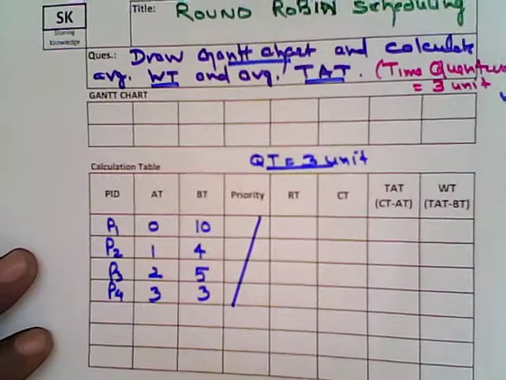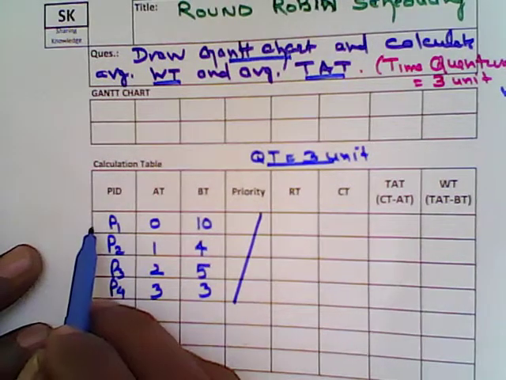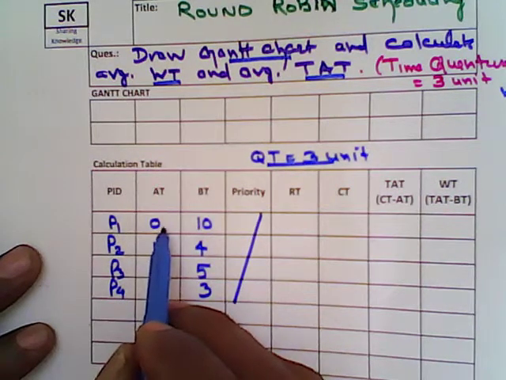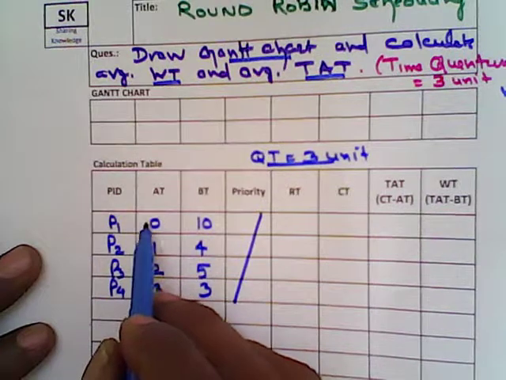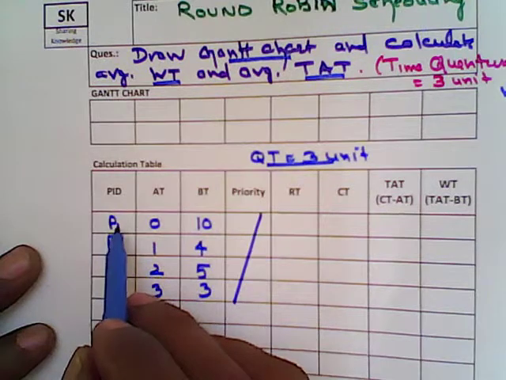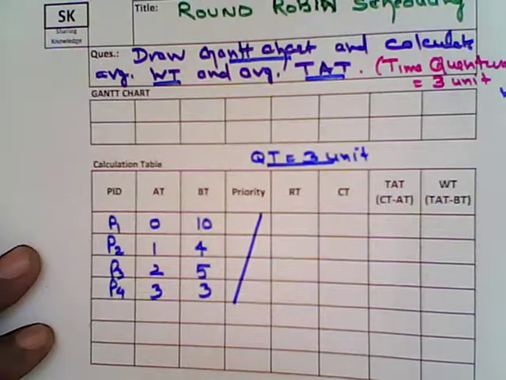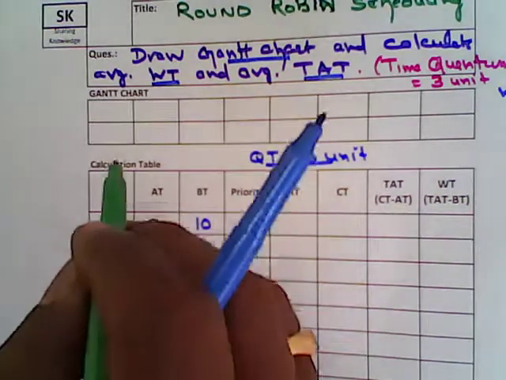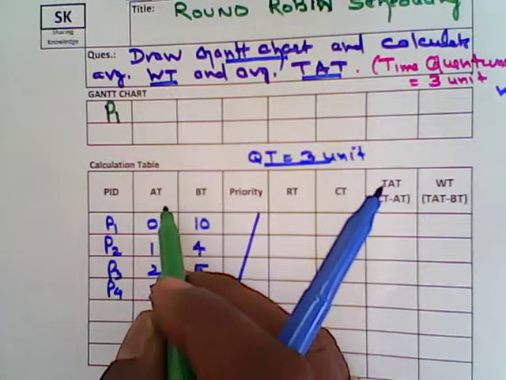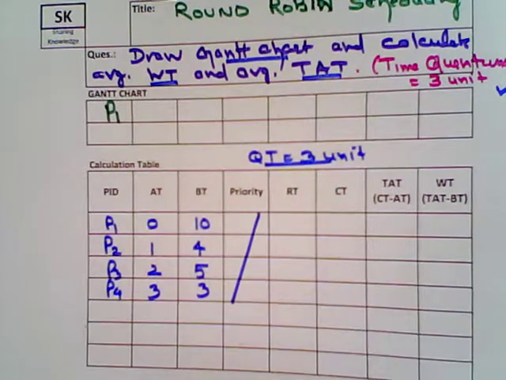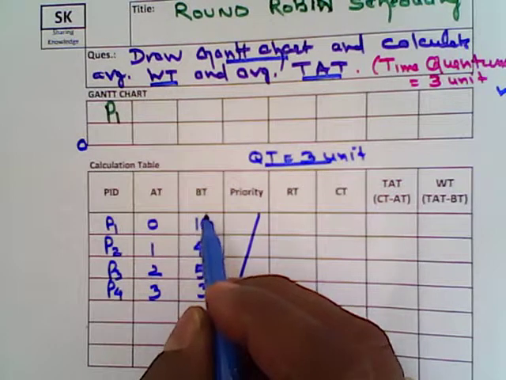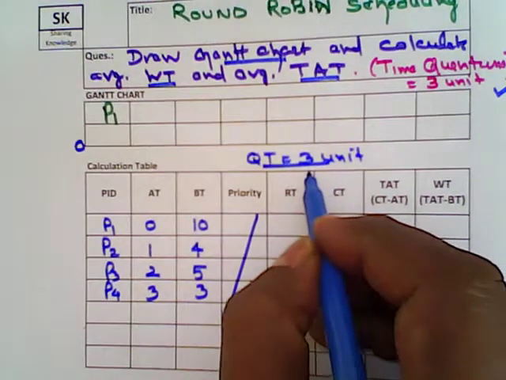The first process, P1, appears in front of the CPU at arrival time 0, so we put P1 in the Gantt chart, and this process has to be processed based on the 3 units.